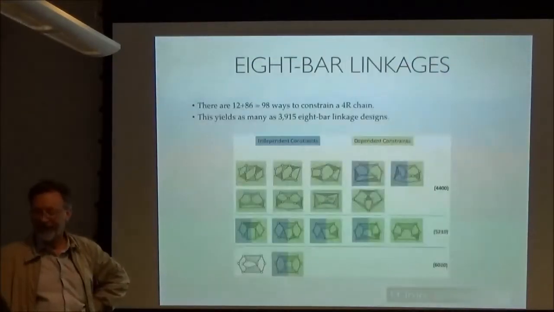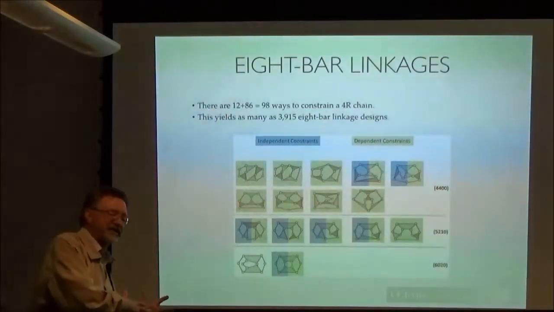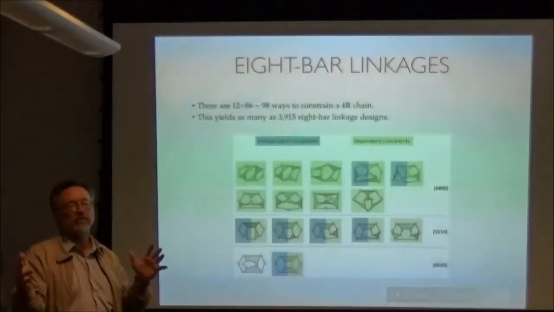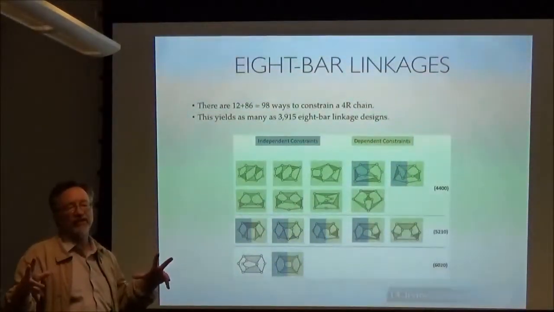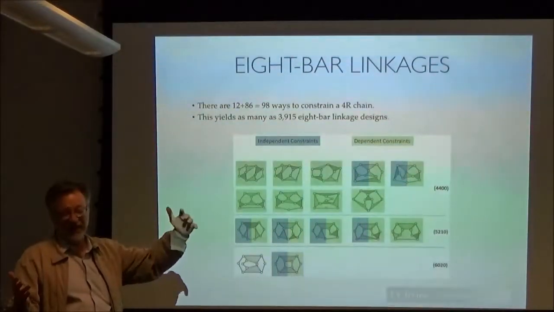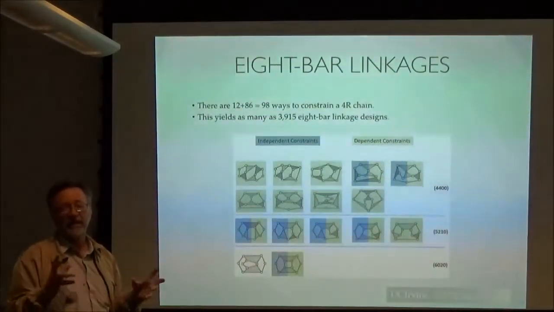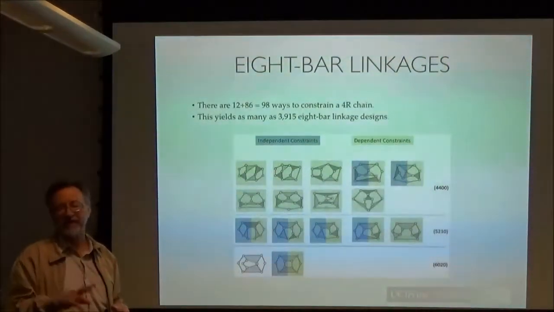We have actually looked at other ways of doing it, such as mapping out the space that the linkage sweeps through, measuring the area of the linkage in one position versus the other, adding up the overall lengths of the links, trying to measure maybe something about the magnitude of the material involved. We've tried all of these.